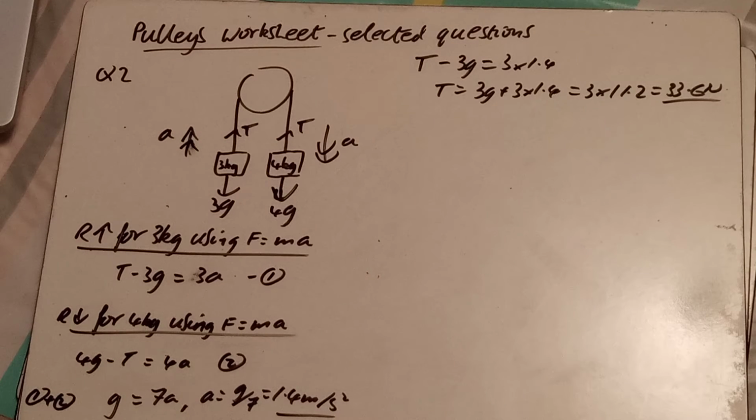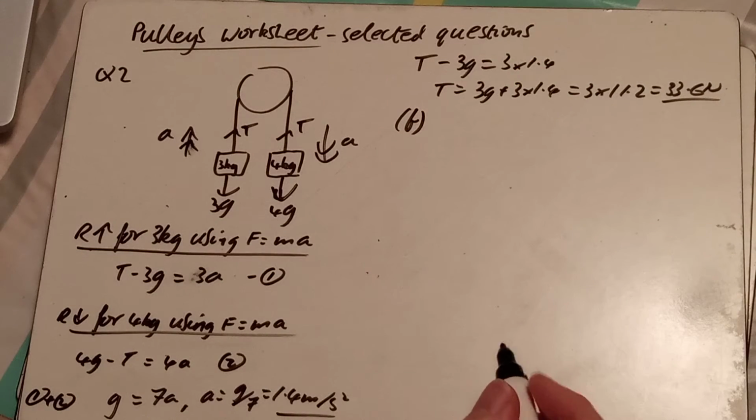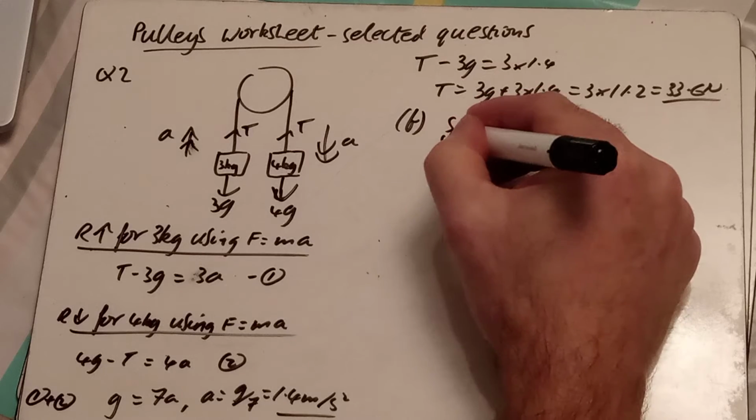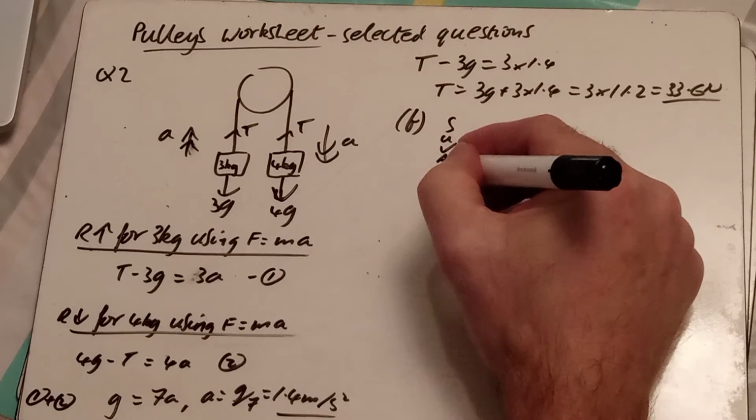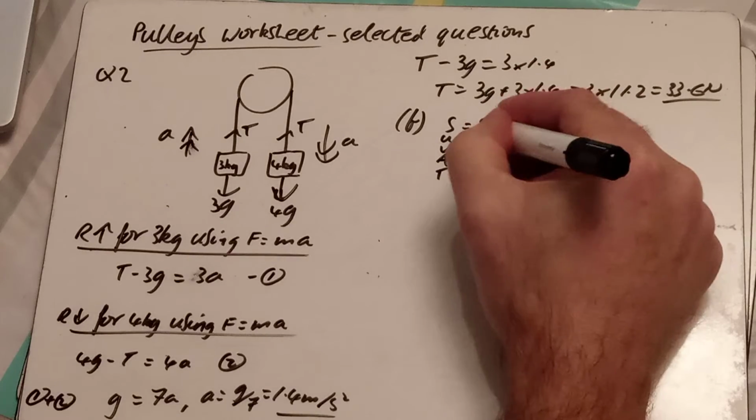It wanted the acceleration and the tension. Now part B wants the distance between them. So let's use the fact it's a constant acceleration. We can use SUVAT to find the distance that they fall. S is what we're after.